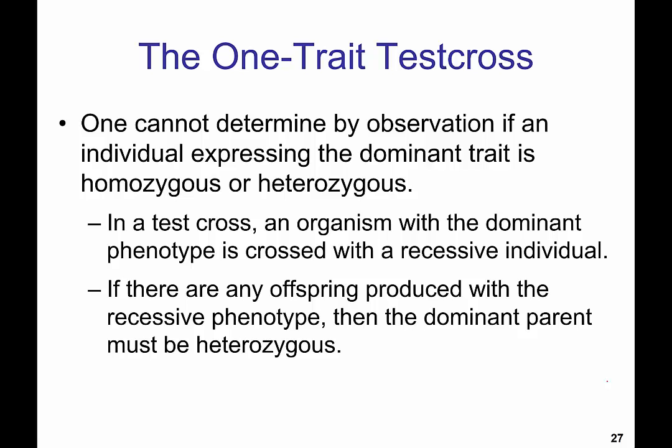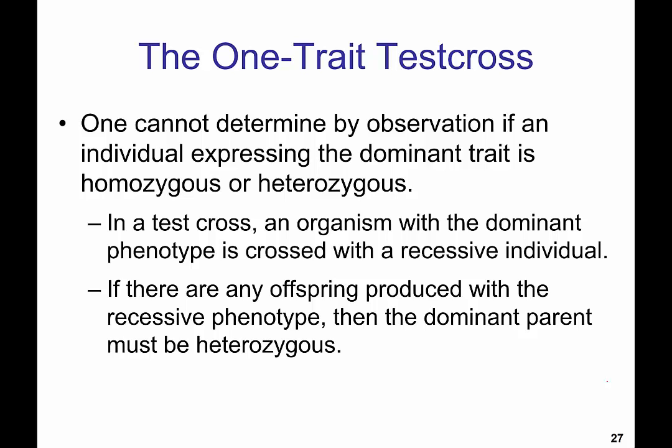Sometimes we're given information as to the genotypes of the parents, and other times we're not. We can't determine by observation alone if an individual who is expressing the dominant trait is homozygous or heterozygous, right? Because in order to have the dominant trait, you could be homozygous dominant or heterozygous.